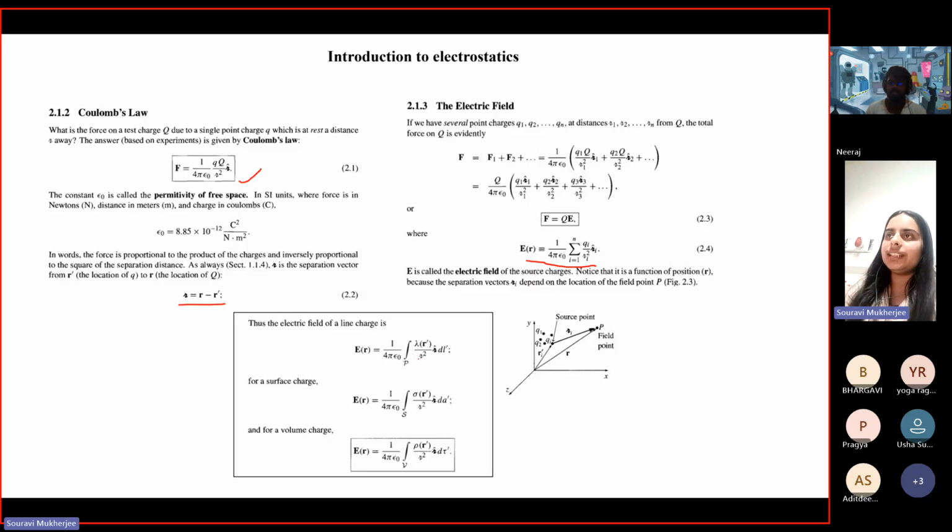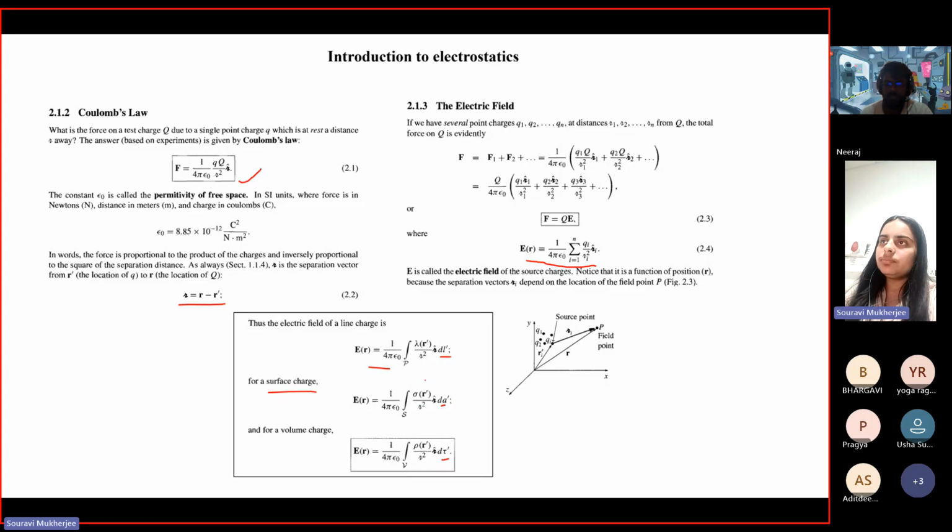If you have a line where the charge density is given as lambda, you can define a charge element as lambda dl. For a surface charge, if your surface charge density is sigma, you can define your charge element to be sigma dA. Similarly for a volume, if you have the volume charge density as rho, then rho d tau. D tau is your volume element, dA is your area element, dl is your position element.